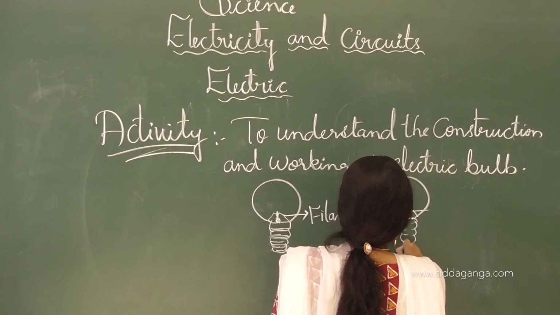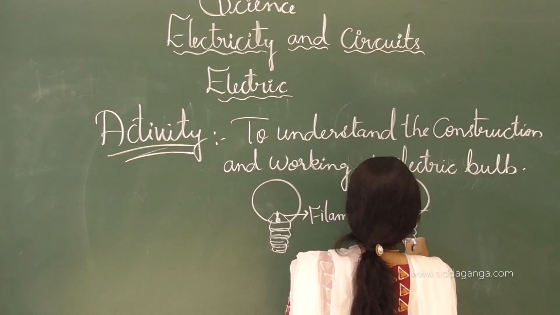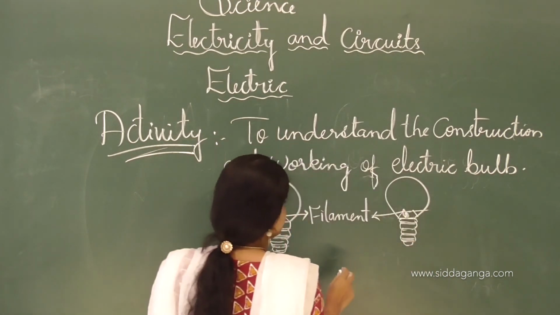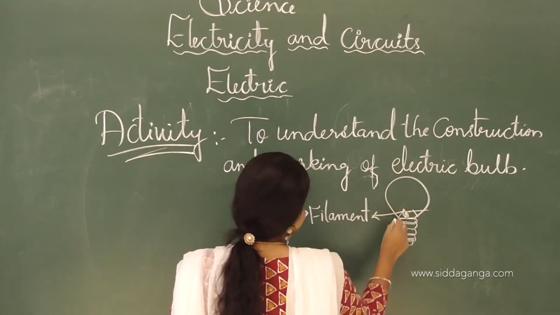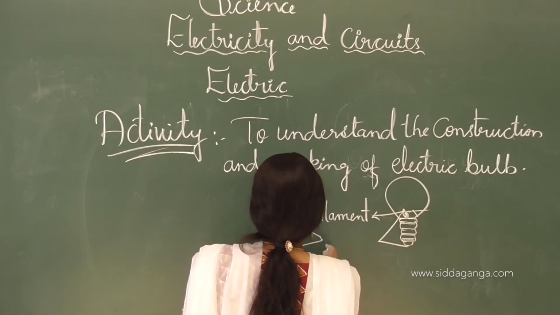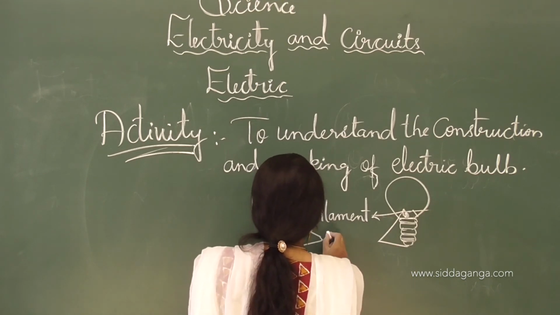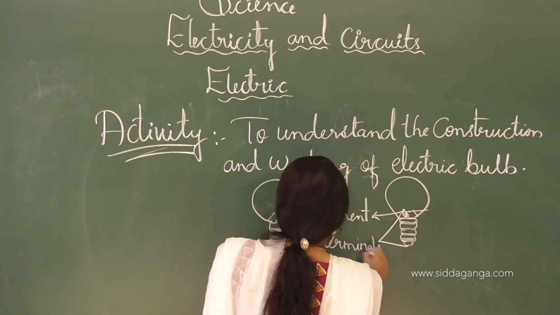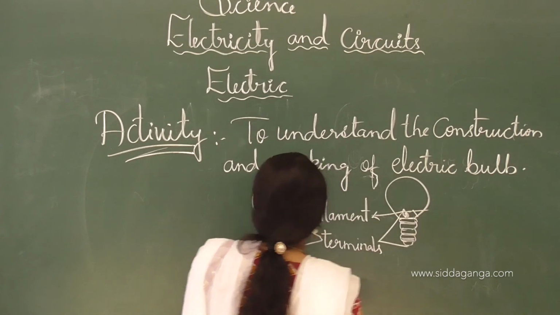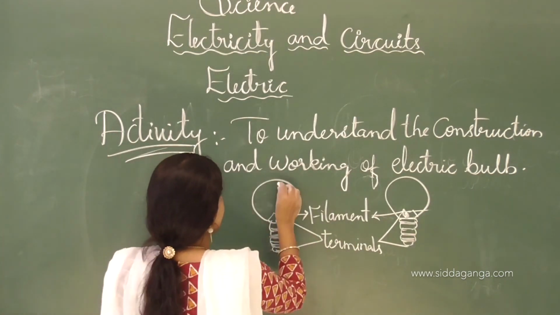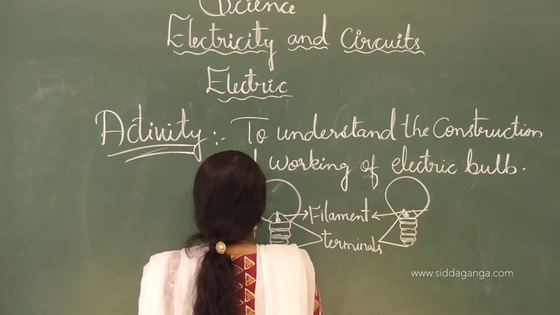Usually in the bulb there are two terminals and one filament, and these two terminals are present from the top of the metal base. This is the structure of the bulb. Roughly I will draw this figure.